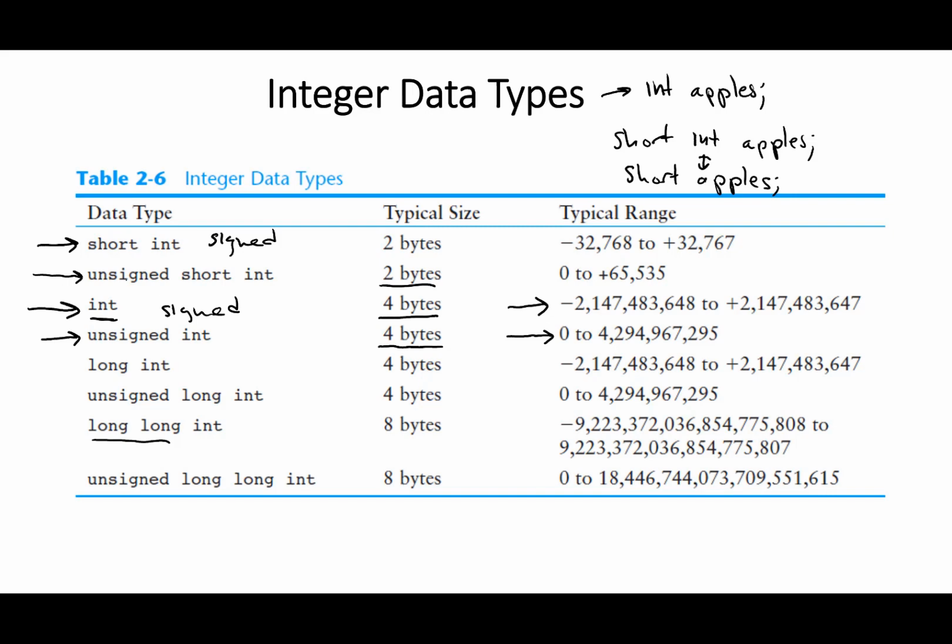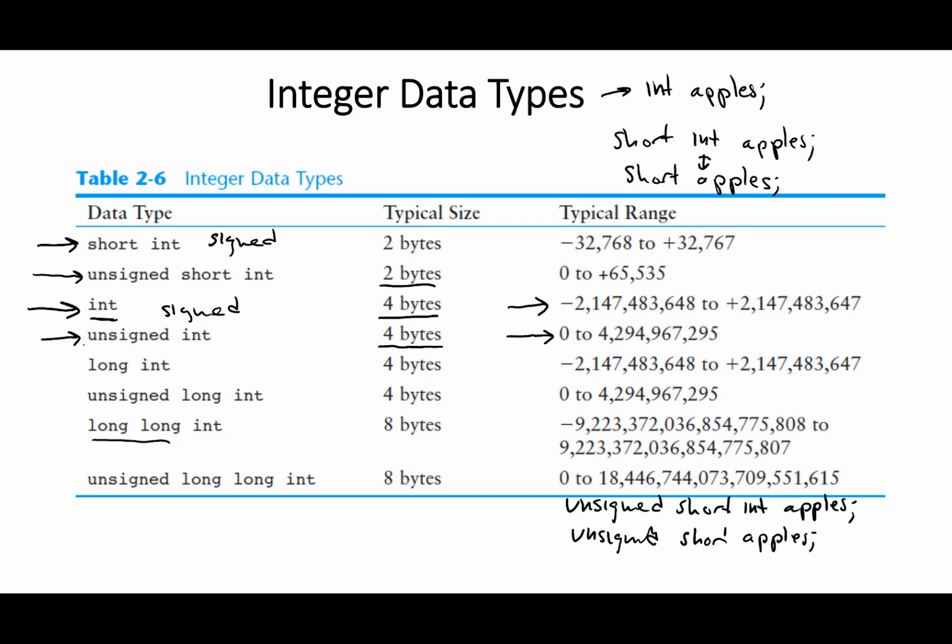And we can do a similar thing with these others. Let's say we have unsigned short int apples. We can also write this as unsigned short apples. And we can basically do this with all of these.